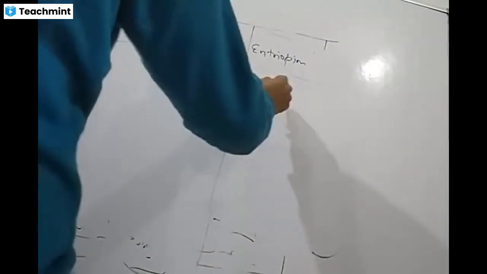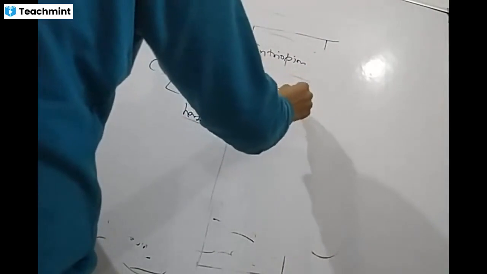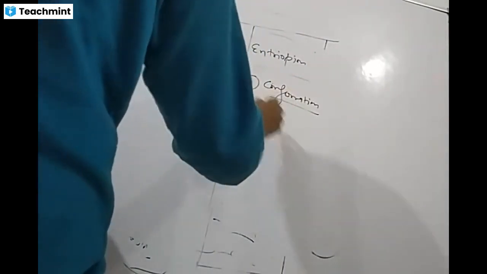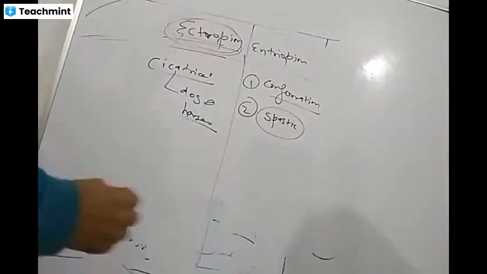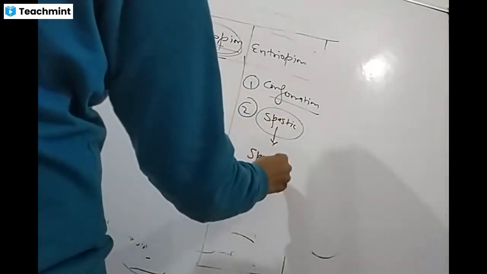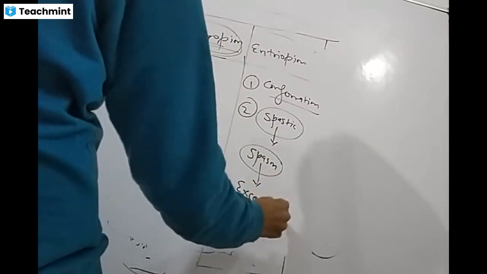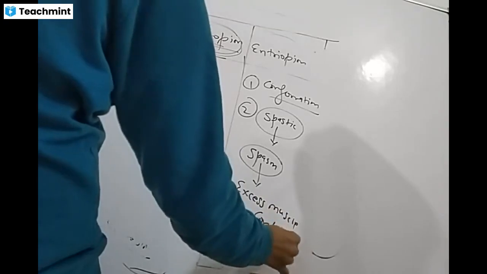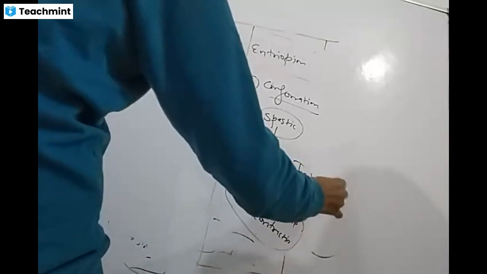Similarly, entropion is also conformational because of the anatomy, and it may be spastic. Spastic term is derived from spasm. Spasm means excess muscle contraction. For example, you see spasm in case of tetanus.